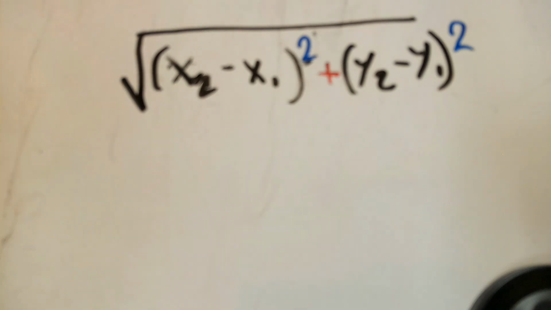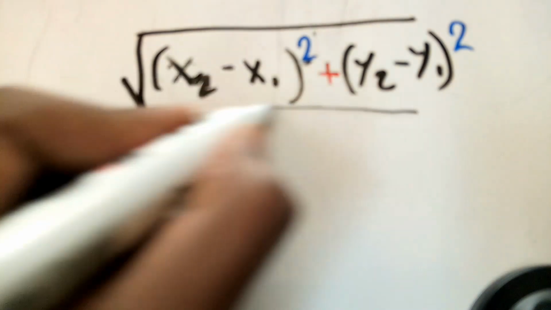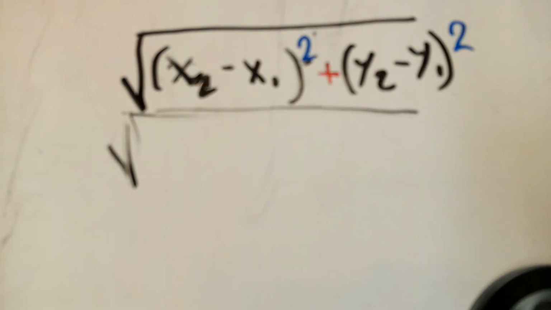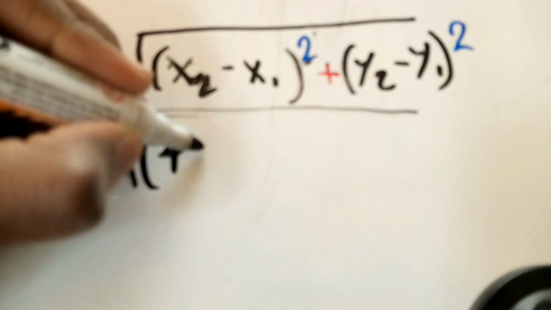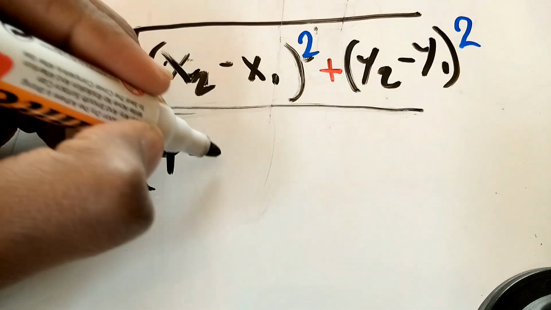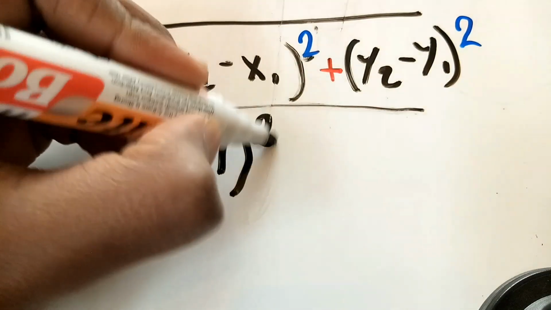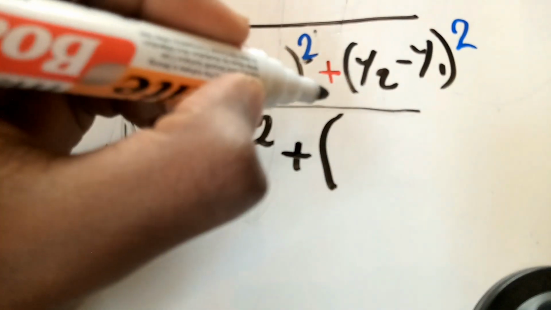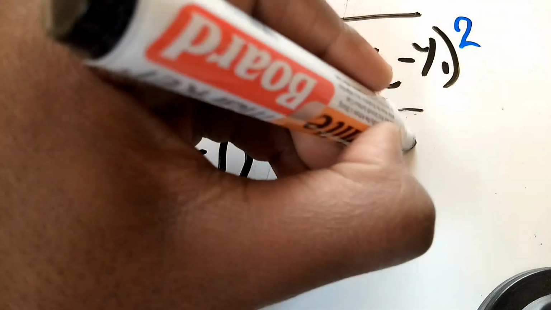So now we'll substitute. When we find the square root of this whole thing, we're going to say, our x2 was 4, so you're going to say 4 minus our x1, which is 1. And then we're going to square that. And then our y2 was 6 minus our y1 was 2.